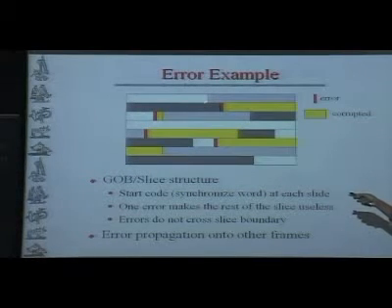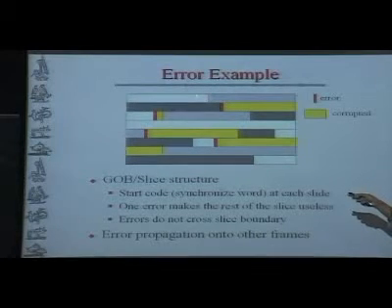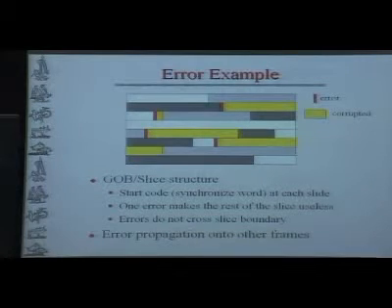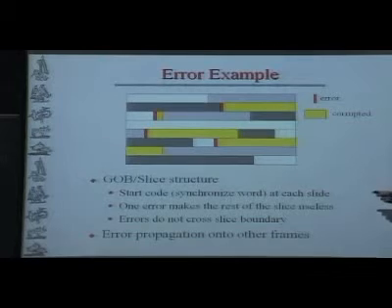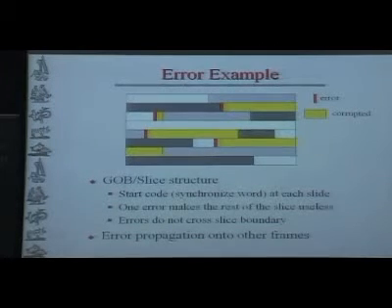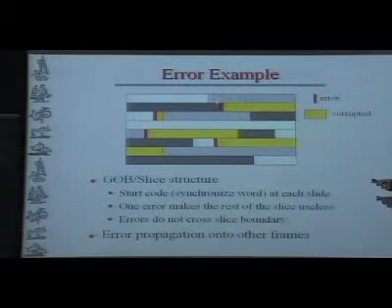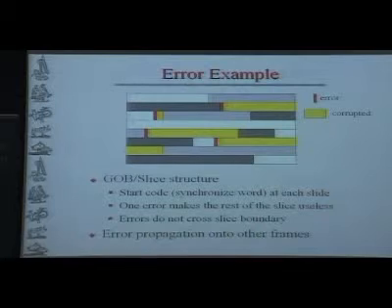Meaning, right here, if I have any type of prediction across, I don't predict gray from white. I make sure that gray has nothing to do with white, so that if I lose white, I can just start decoding from here without having a problem. That's the entire idea of having slices.